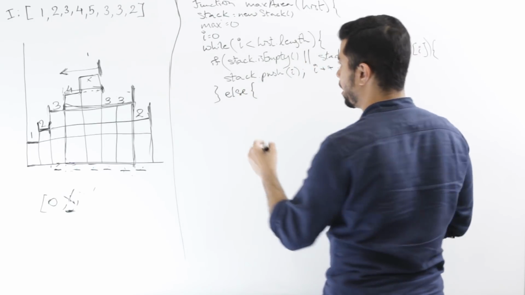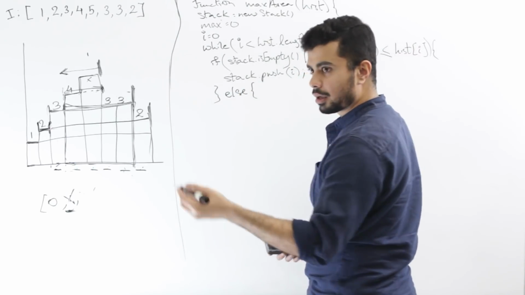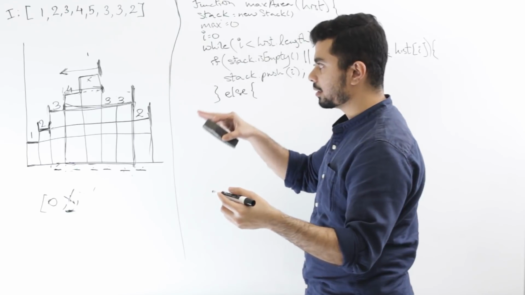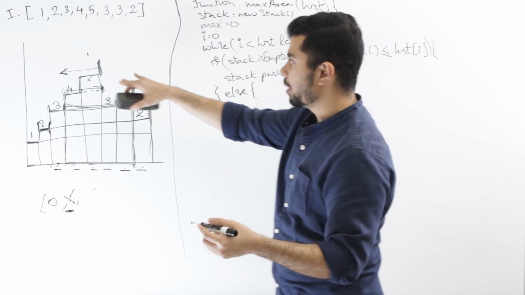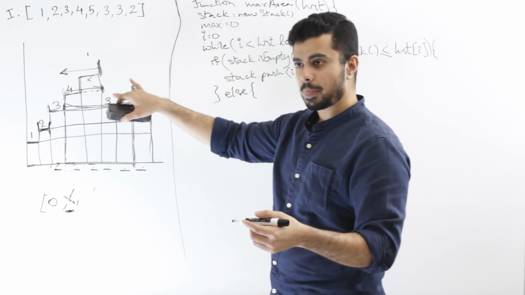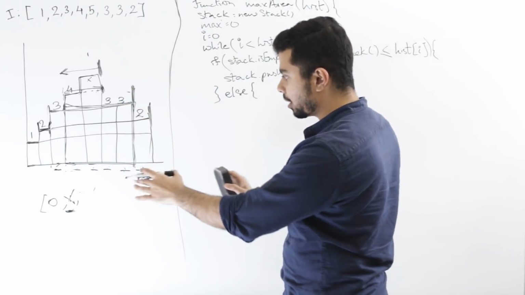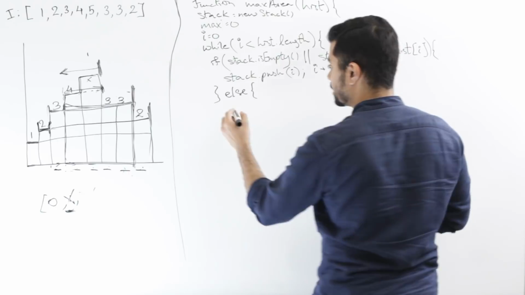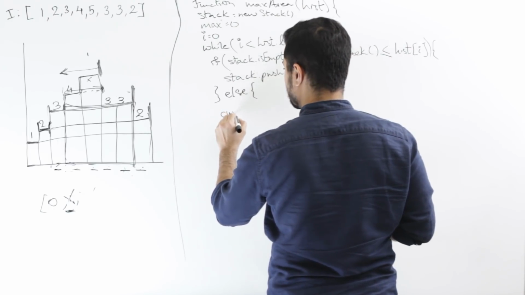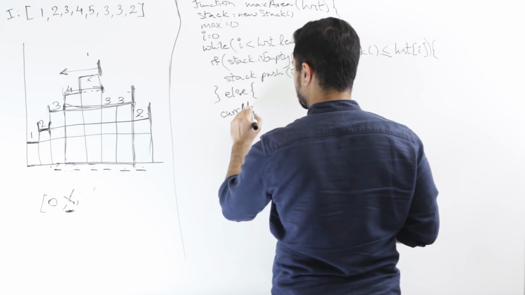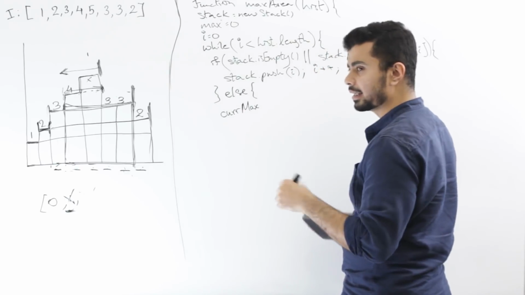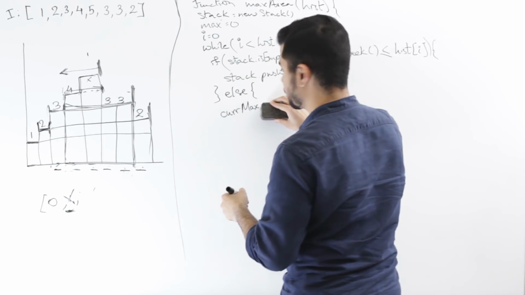We say, let's call it current. So at this point, the bar that we are at will be the maximum of all of the bars that we have encountered, or of all of the bars that are in the stack, right? Let's call it cur max. Cur max is simpler.